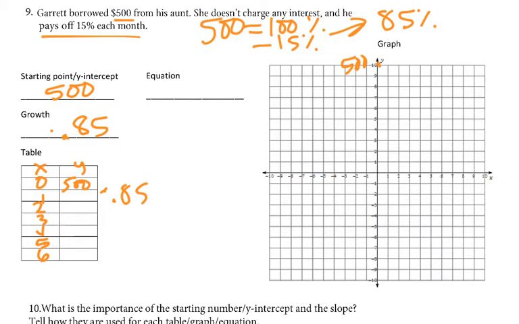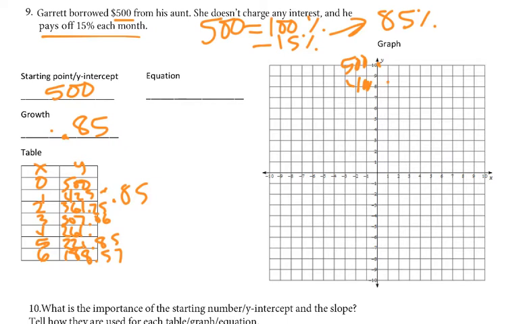So if I go 500 times 0.85, we get 425 times 0.85, 361.25 times 0.85, and I'm going to round to the nearest hundredth, 307.06, because that's money, times 0.85, 261.00 times 0.85, 221.85, and one more time, 188.57.